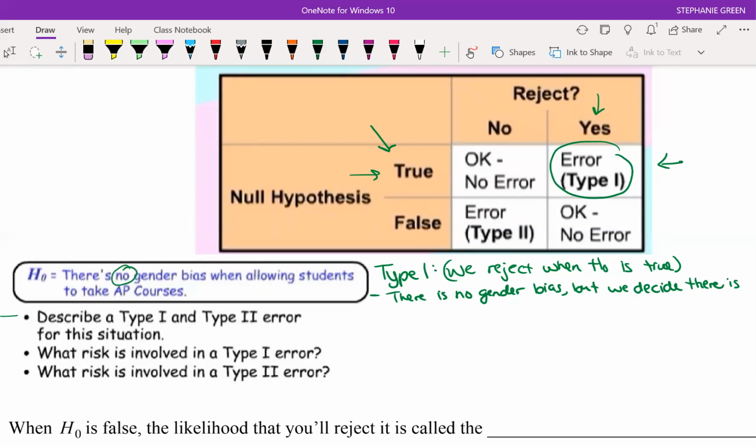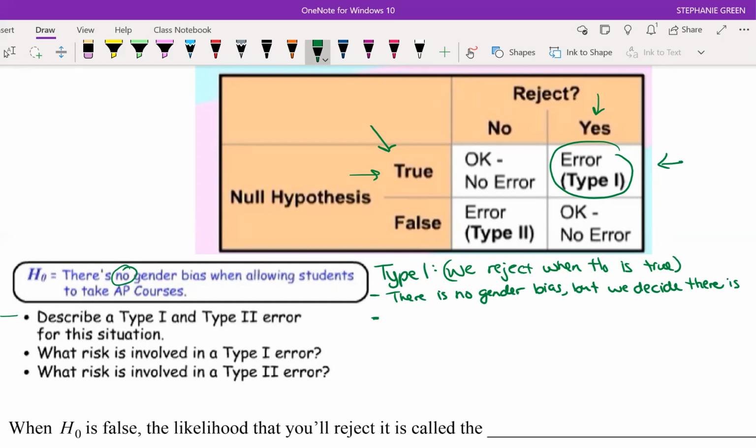So what is the risk of this error in this case? What's the risk of making this conclusion falsely? If we decide there is gender bias when taking an AP course, what are we going to do about that? What's the result going to be of making that conclusion?